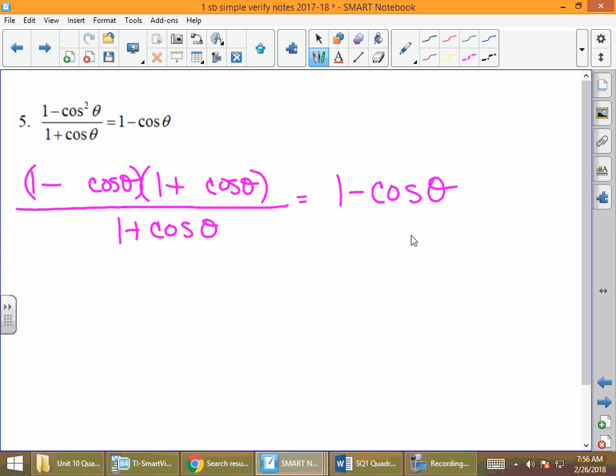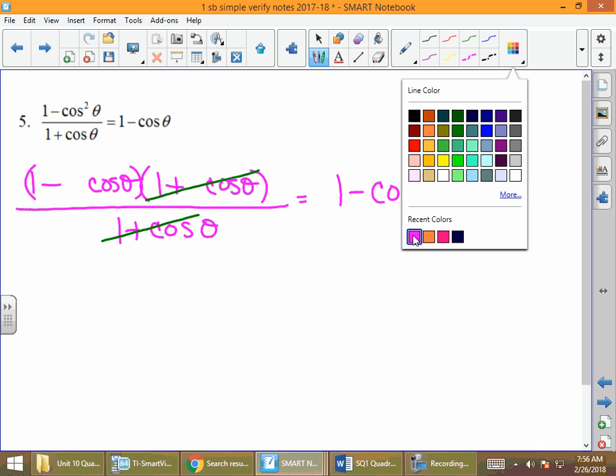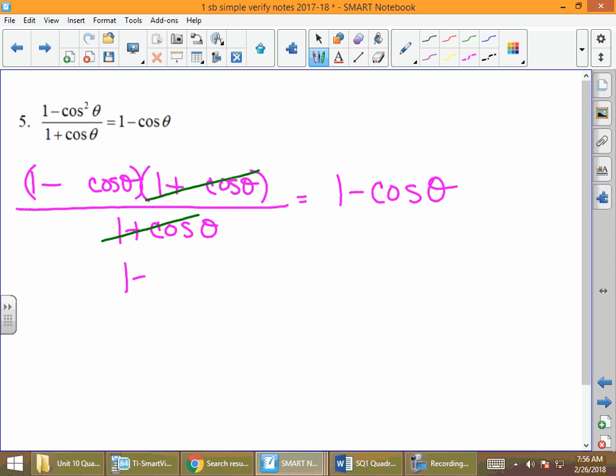And now what we look at is, do we have anything exactly the same on the top and on the bottom? Well, we've got a 1 plus cosine theta. 1 plus cosine theta divided by 1 plus cosine theta is 1. But now we can finish, because when we cancel that out, we get 1 minus cosine theta equals 1 minus cosine theta.